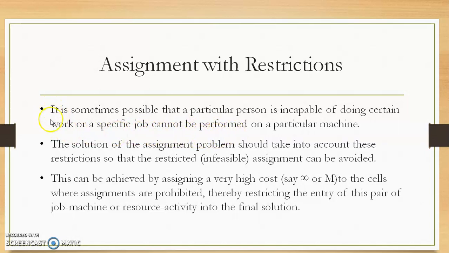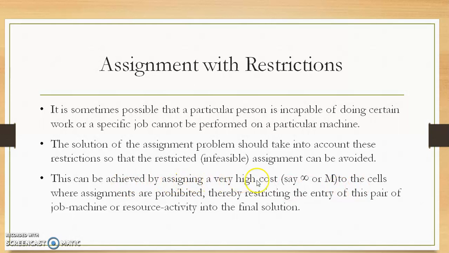Now our objective is the same here, to minimize the cost, distance or time. This can be achieved by assigning a very high cost, infinity or big M or capital M to the cells.